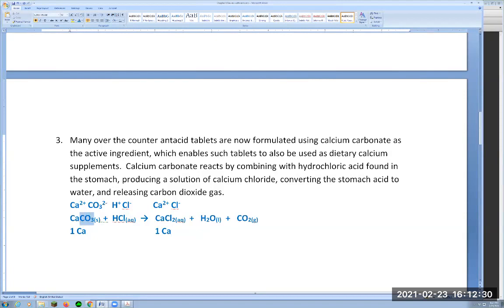CaCO3 has a polyatomic ion, and you will later learn that if a polyatomic ion stays the same from left to right of the arrow, then you want to count it as a whole. You don't want to dissociate the carbonate. However, here we do not keep the carbonate. The carbonate becomes carbon dioxide, which is not the same formula, and one of the oxygens goes to water. So because of that, we will dissociate the carbonate into its elements.